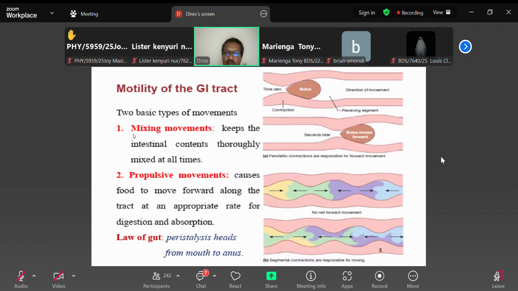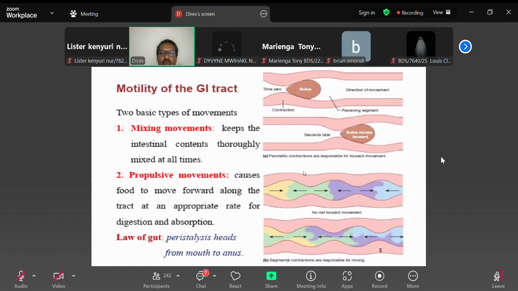Retro means opposite. Very good, Mikhail, very good. Vomiting. In vomiting, the propulsive movements are not from the mouth to the anus, but the opposite, towards the mouth. That is called retroperistalsis or retropropulsion. Very good.